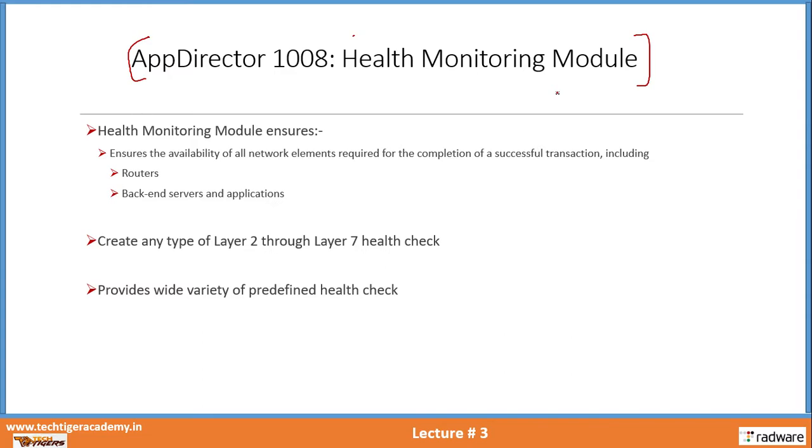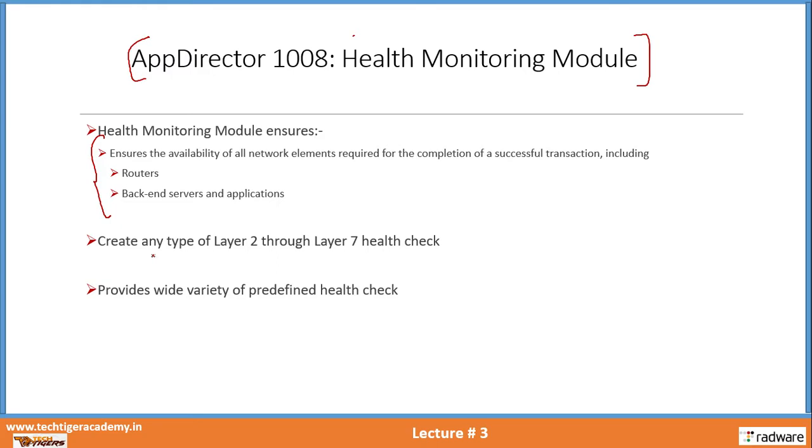Similarly, App Director is also a health monitoring device. It has a module which is responsible for checking the pulse, the health, and the connectivity of the complete transaction up to the backend server. So the health monitoring module ensures the availability of all network elements required for the completion of a successful transaction, including routers, backend servers, and applications.